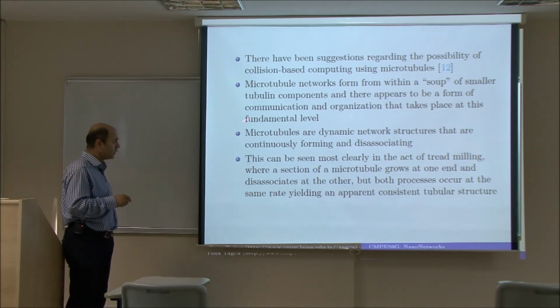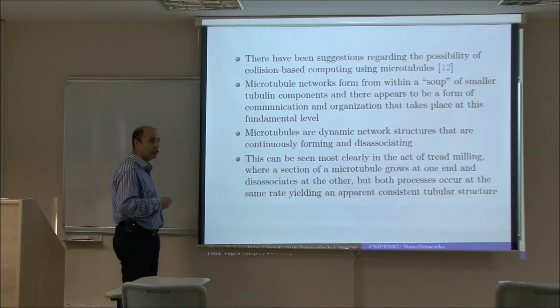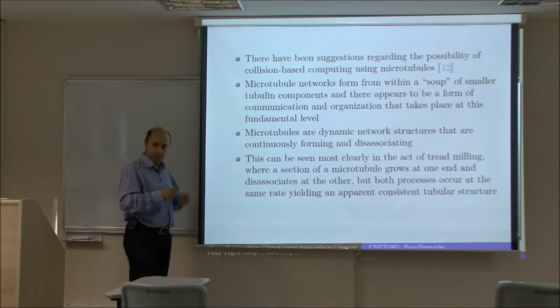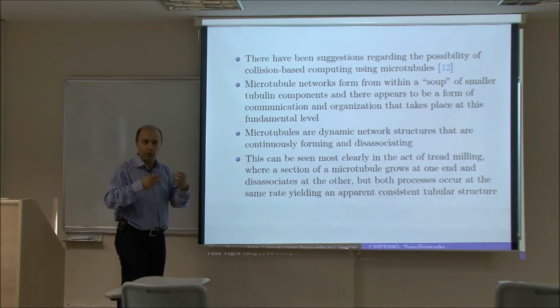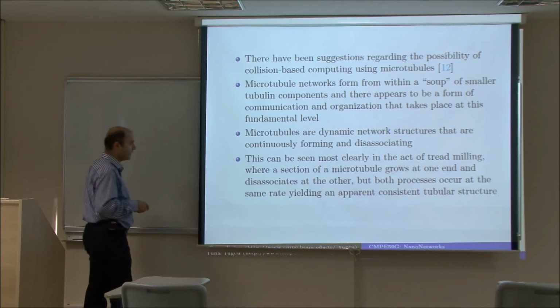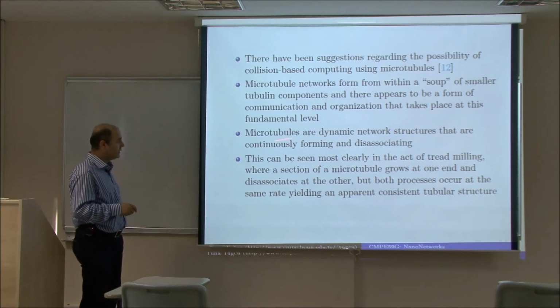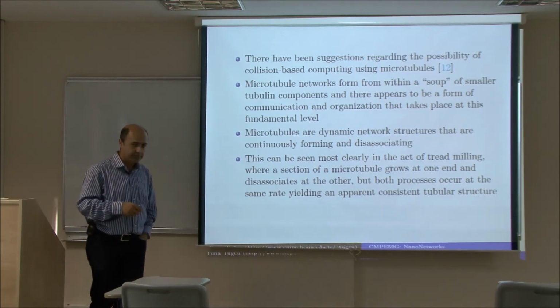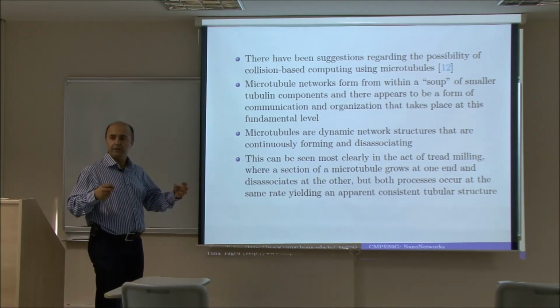So the microtubules are very dynamic network structures, continuously decomposing, but meanwhile also forming newer threads. So this can be considered like the end of a thread milling. Do you know what thread milling is?